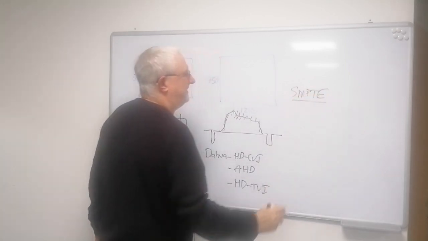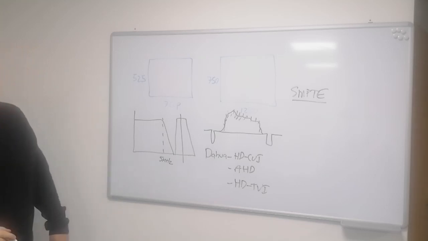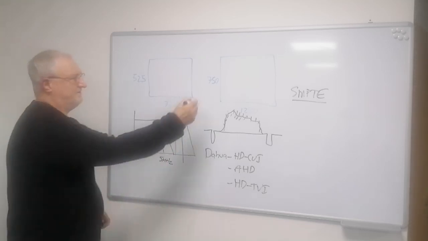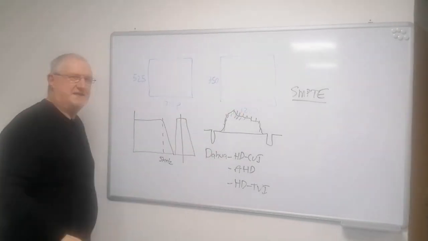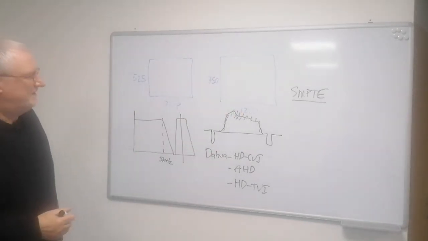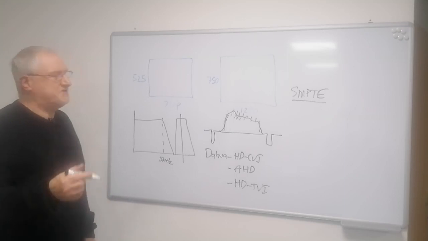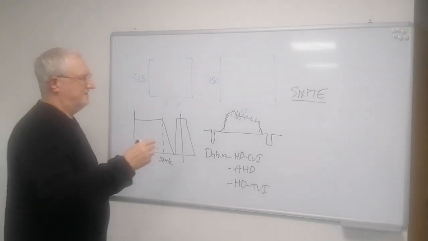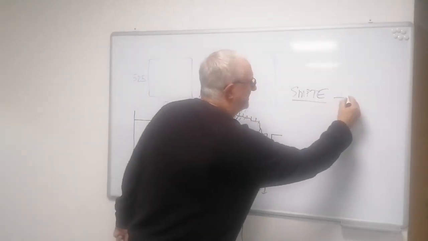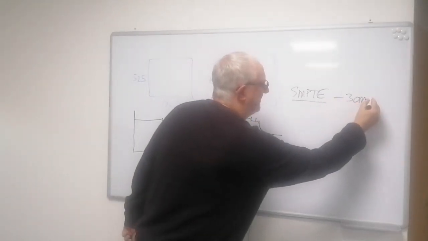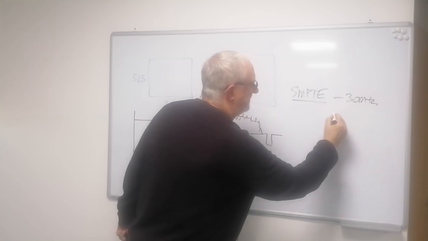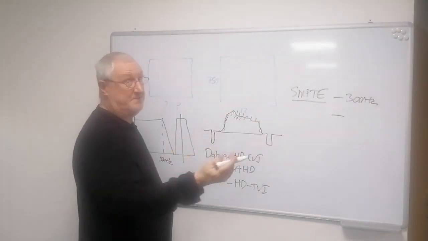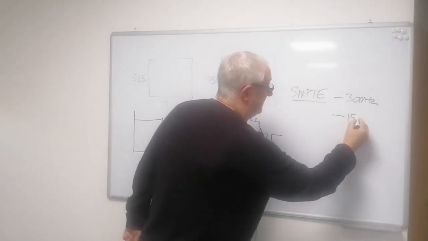There you go. And they define all the video standards that we tend to use, including 720p, 1080p, etc. For 720p and 1080p 30 Hertz, their definition of the luminance bandwidth is that it should be 30 megahertz. And the chrominance bandwidth, the R minus Y, B minus Y signal, should be half that.